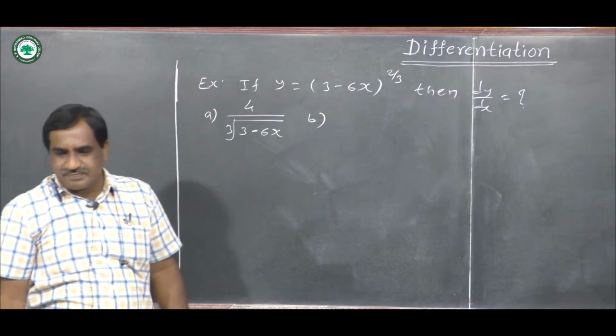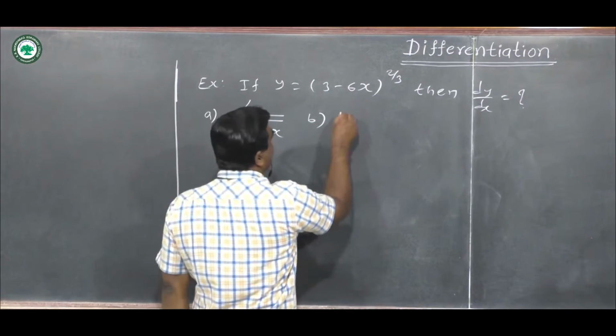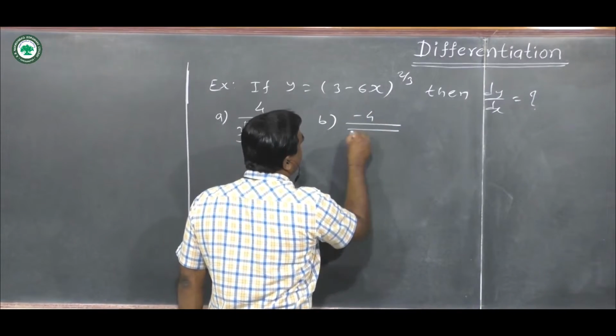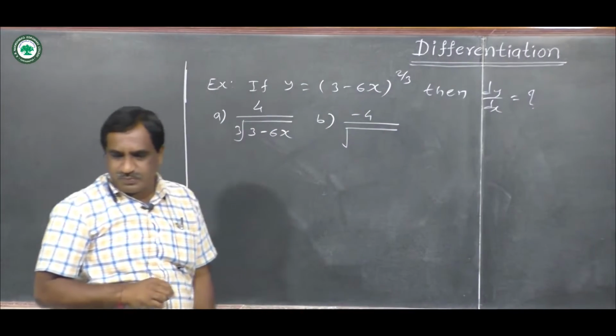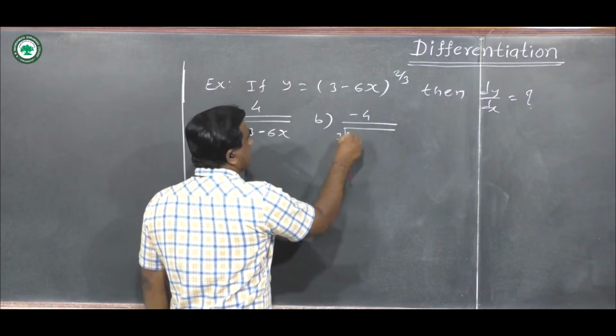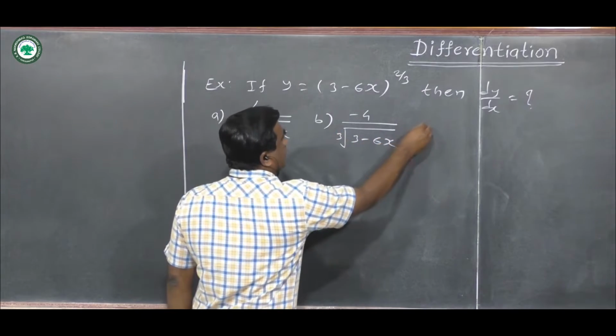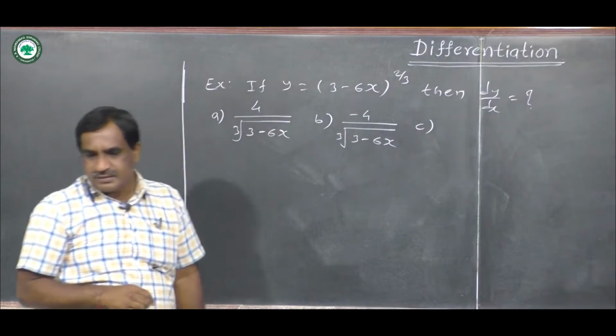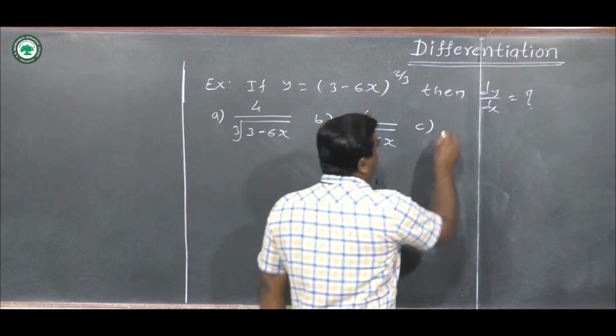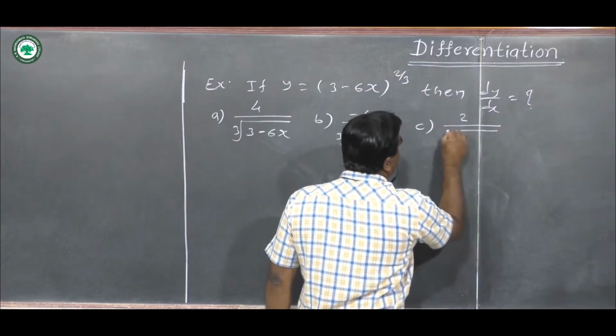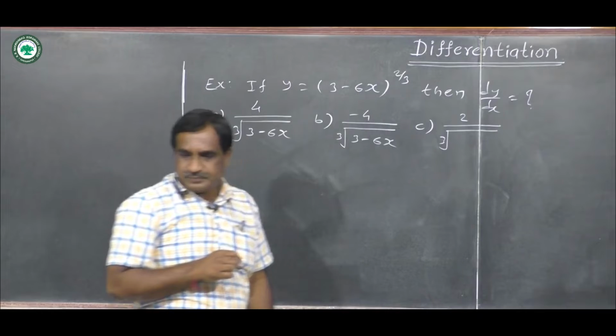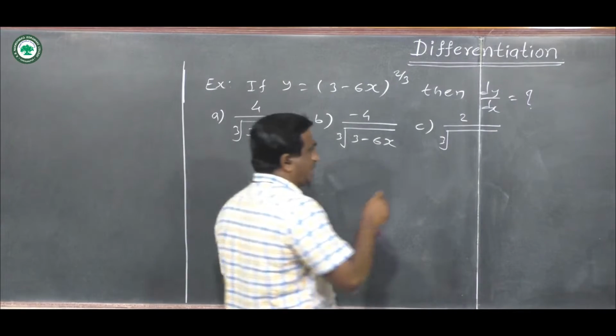Second option is B, minus 4 upon cube root of 3 minus 6x. Option C, 2 upon cube root of 3 minus 6x.